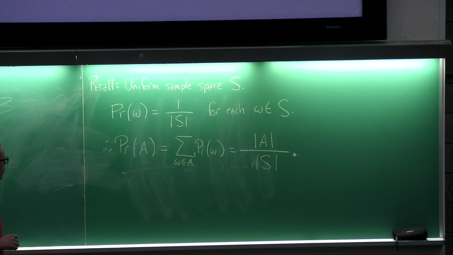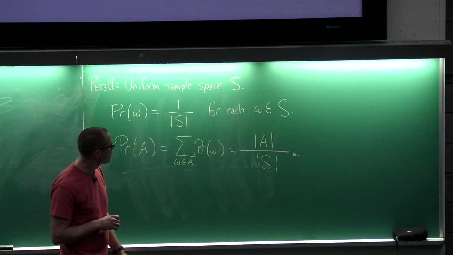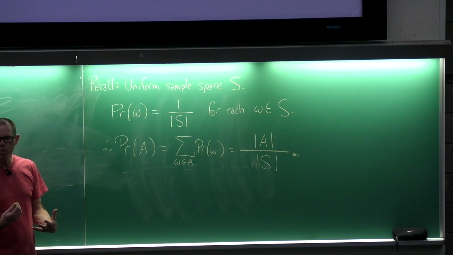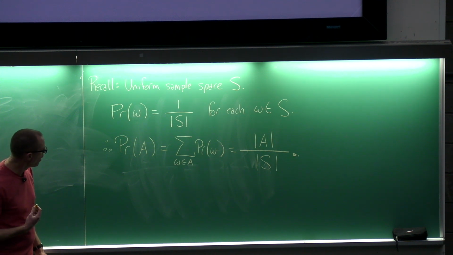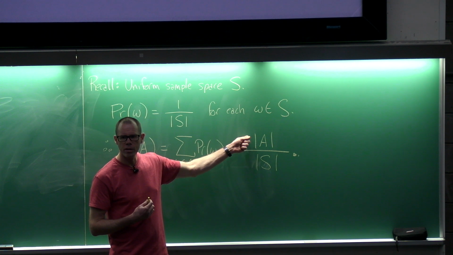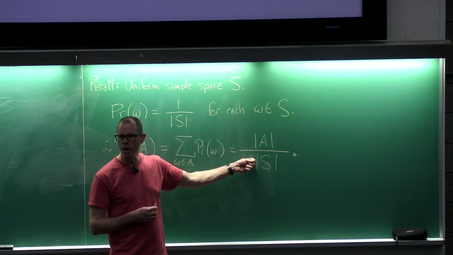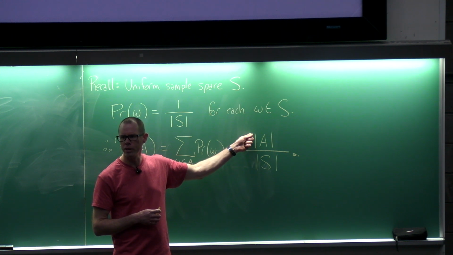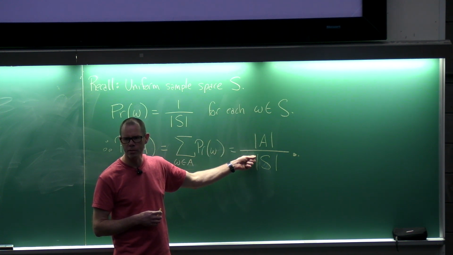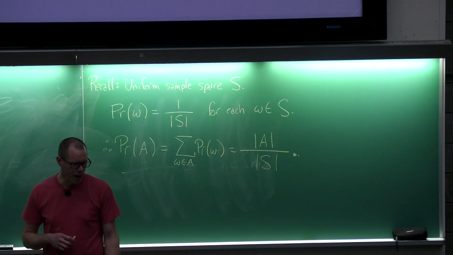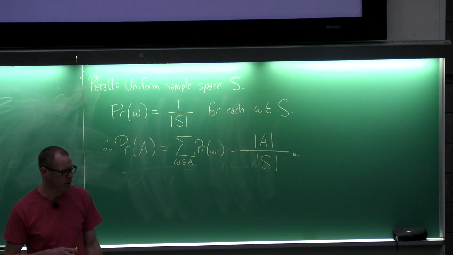They're really nice to work with, precisely because everything we did in the first part of this course really helps us. What are these probabilities? Well, they're a ratio, the size of one set divided by the size of another set, and we just spent about a month and a half figuring out different techniques for computing the sizes of sets. So uniform probability spaces are nice for that reason, because we already have a lot of tools to work with them.